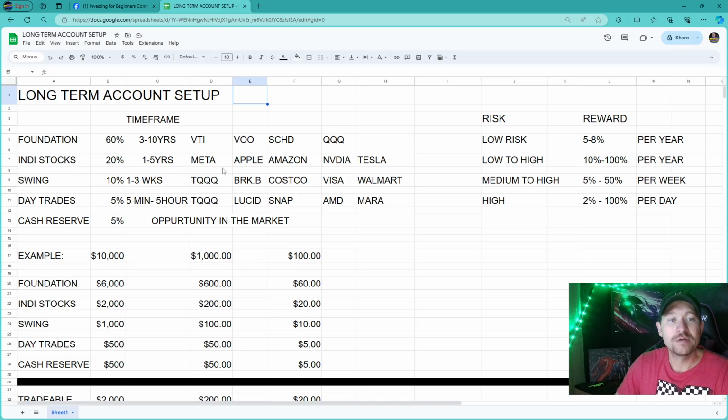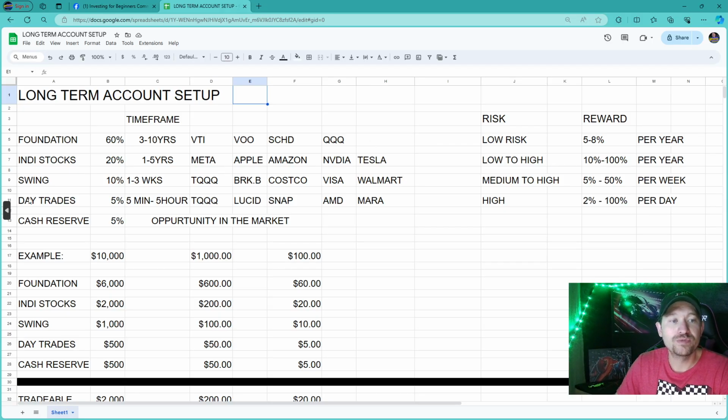Now we're looking at companies like Meta, Apple, Amazon, Nvidia, Tesla, individual stocks that have really good business models behind them and revenue. Now, this can be low risk to high risk depending on which company you choose, but your reward could be anywhere from 10% to even 100 or 200% per year, which is just fantastic.